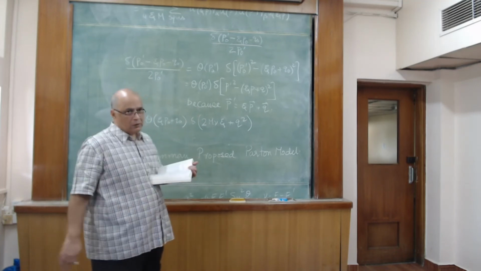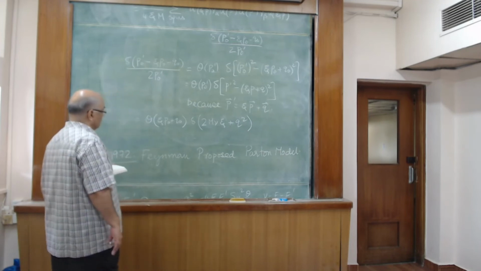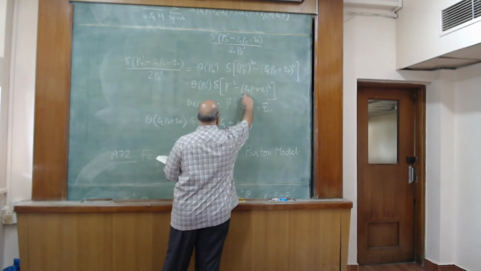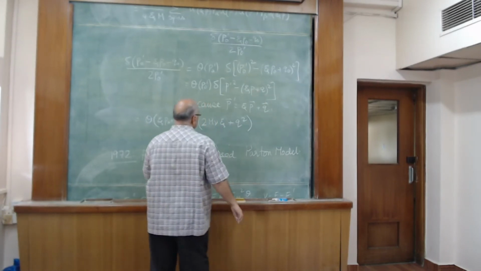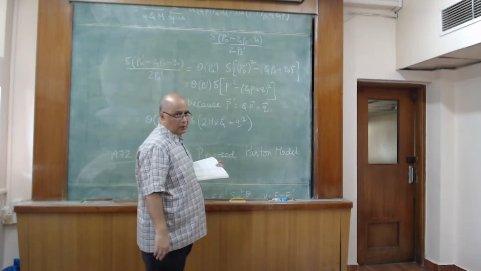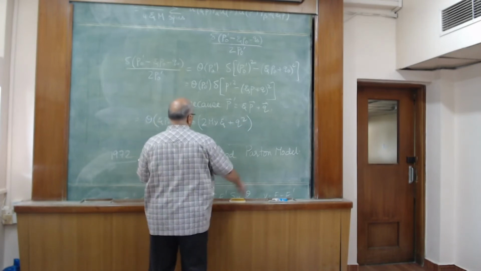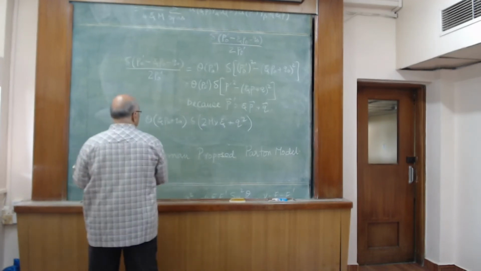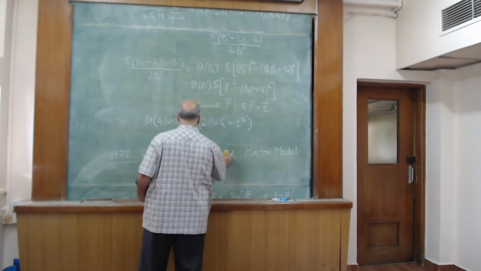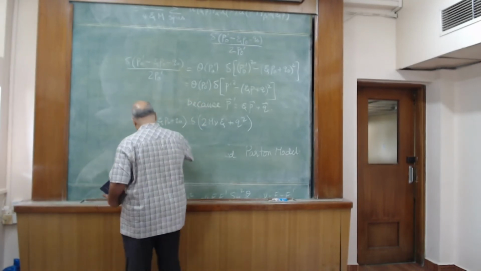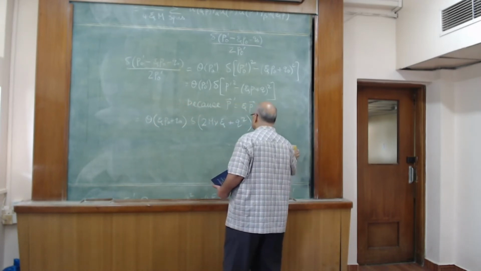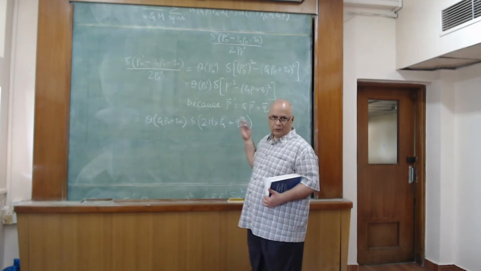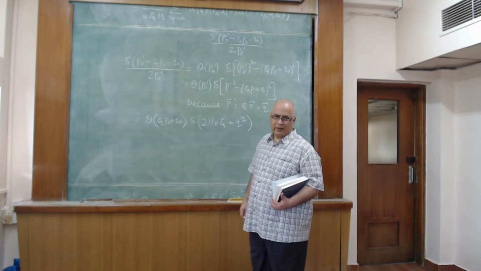This is simple algebra you need to do. If you square this, the xi square term will cancel out and you have these two terms left behind, and this of course minus q square by 2 m nu is that inelasticity parameter x.